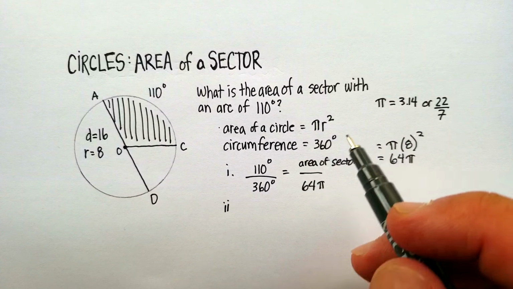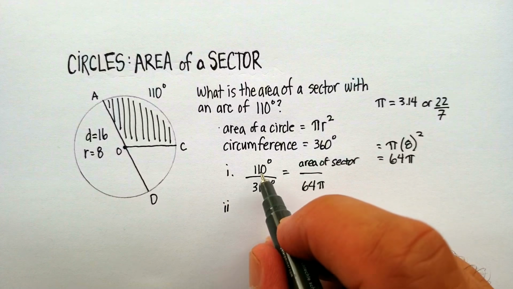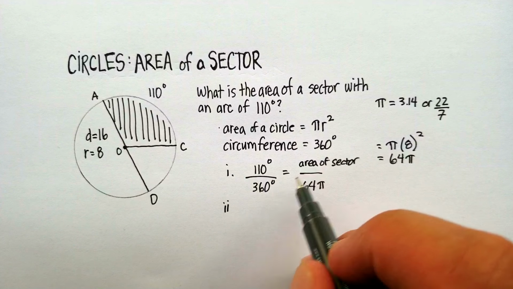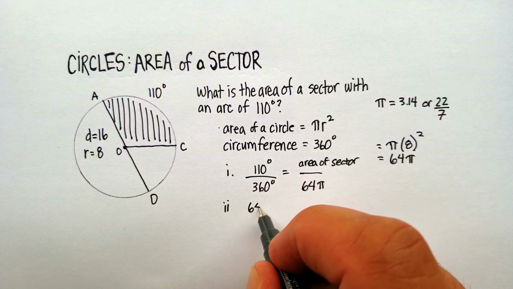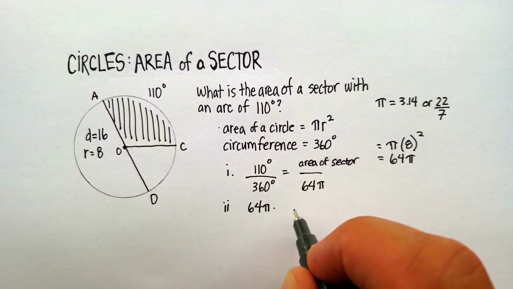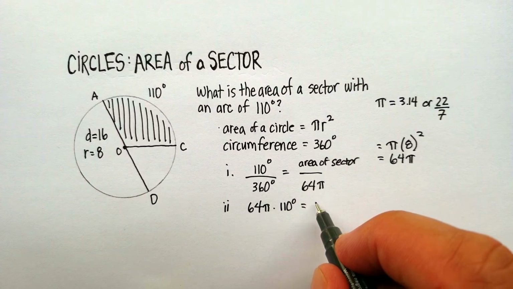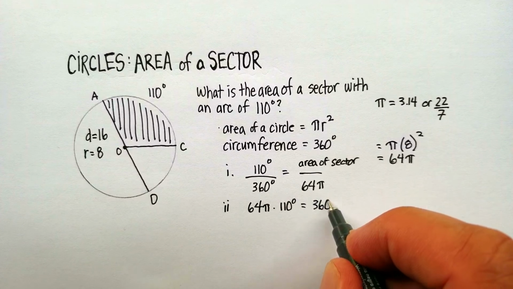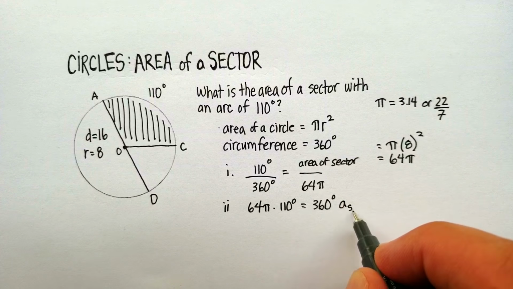Well, we know with proportions you can just do cross products, right? So 64 pi times 110 should be equal to 360 times the area of the sector. So let's just write that down: 64 pi times 110 degrees should be equal to 360 degrees times the area of the sector, okay?